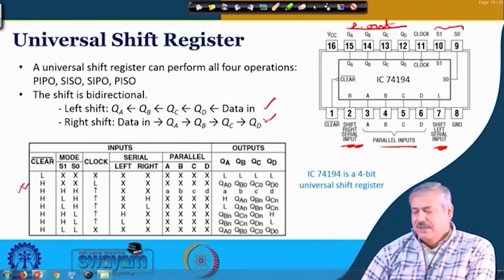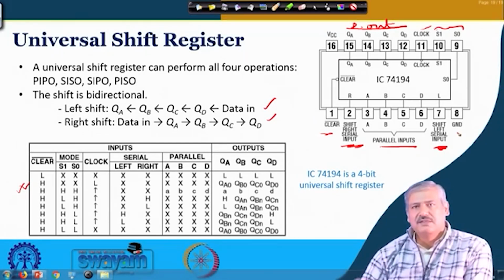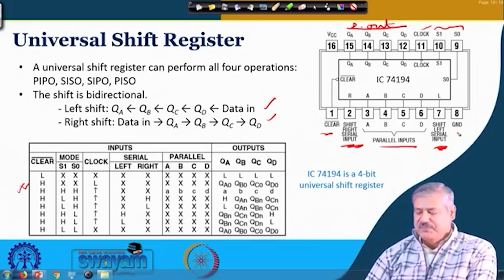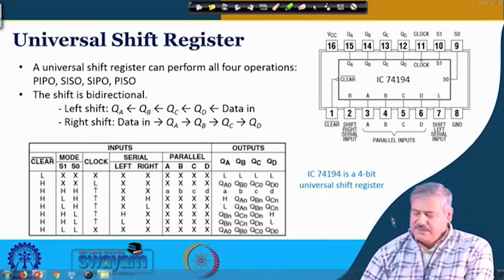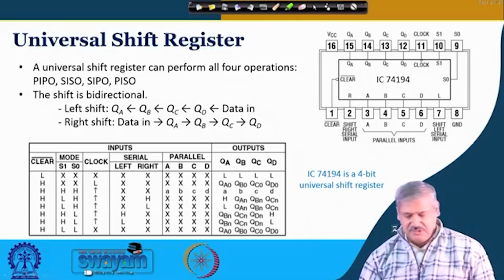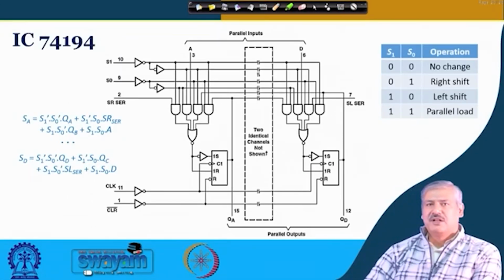Other than that, you have the clock and an asynchronous reset, active low, clear, and of course VCC and ground, and it is a 16-pin package. Is it okay?